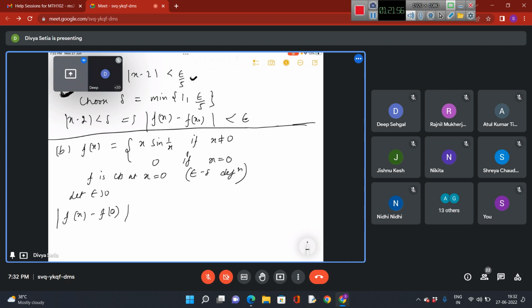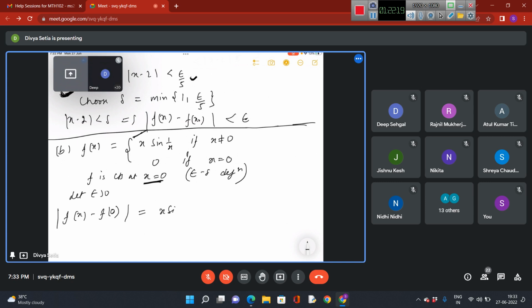If I remove 0, then it's continuous. It's defined everywhere, trigonometric functions are continuous, and by algebra of continuous functions, it's continuous at other points. The only problematic point is 0, because the function is breaking at 0. So we'll check the continuity at 0.